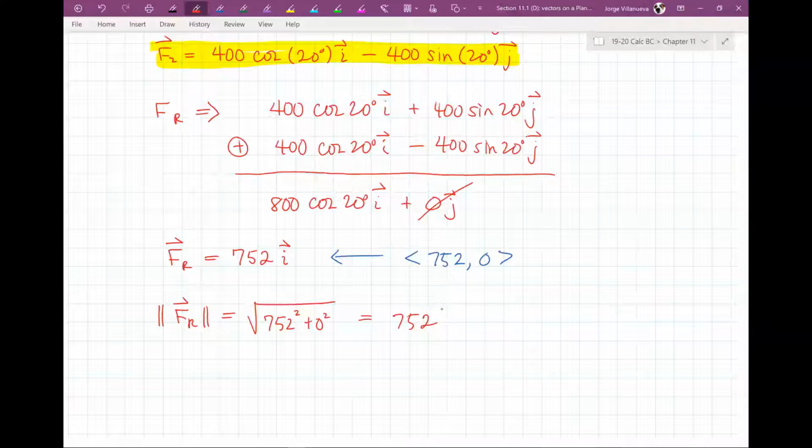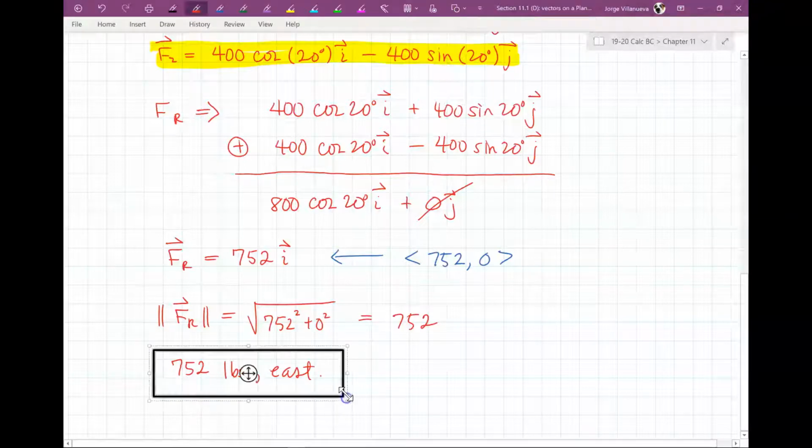So you could say it's 752 pounds east, and that describes the vector, because remember, a vector needs magnitude and direction.